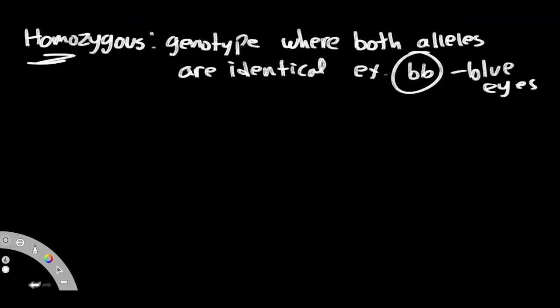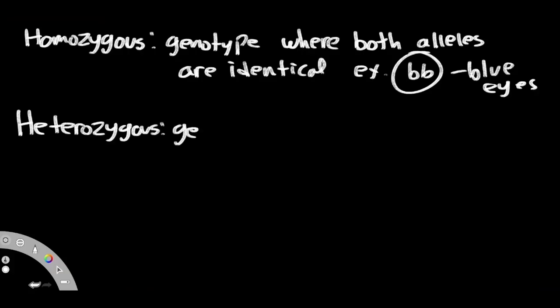Homo means the same, right? So this is recessive, it's a small b. This is recessive, it's a small b. So that's why this is homozygous. Heterozygous is the opposite. It's the genotype where the two alleles are different.